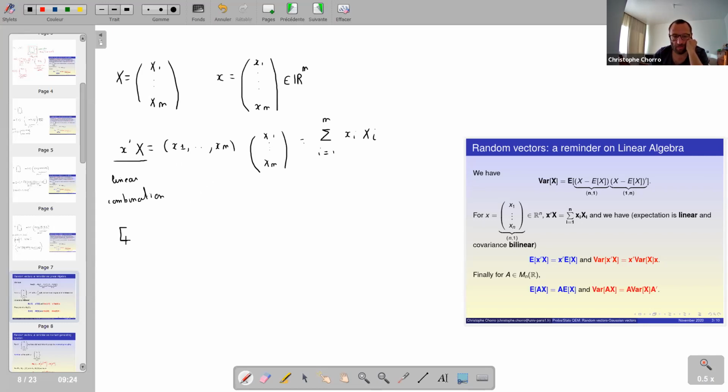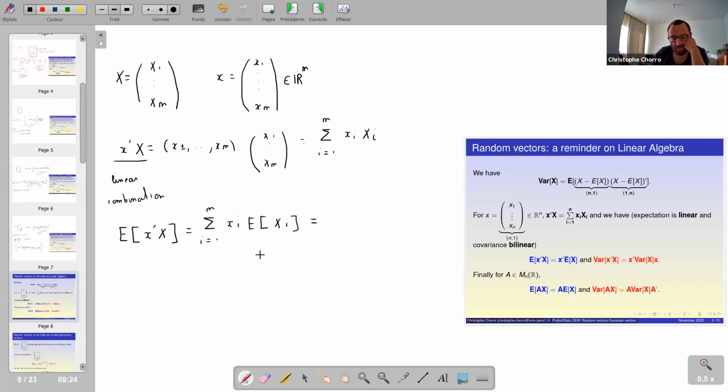So if I want to write the expectation of x prime capital X, I can use this one, and I know by linearity of the expectation that I will obtain the sum from i equal to 1 to n of xi, that is just a number, times expectation of Xi.